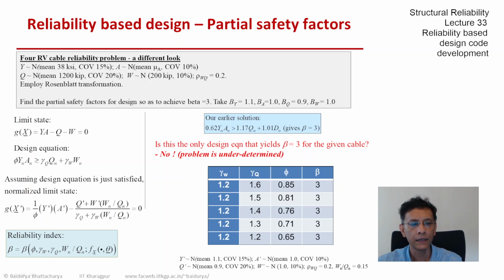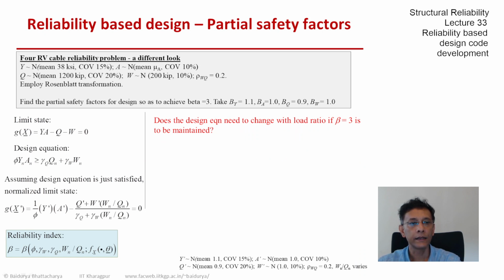But let us now see something interesting. After understanding this problem is underdetermined, let's see what would happen if we now vary the load ratio Wn over Qn. So we'll start with that first row, 1.2, 1.6, and 0.85 for the three partial factors, which gives beta equals 3, provided Wn over Qn is 0.15.